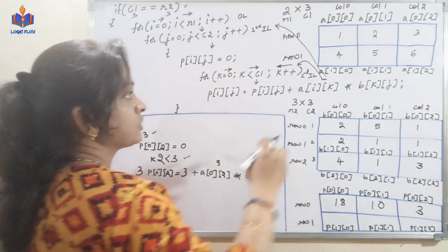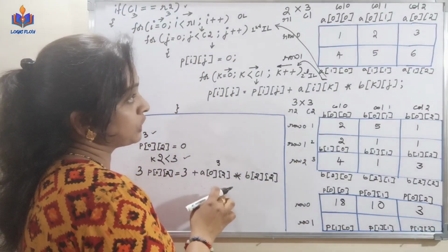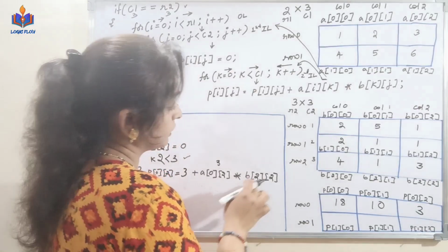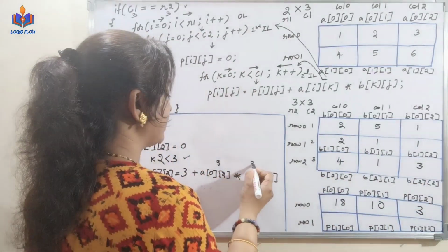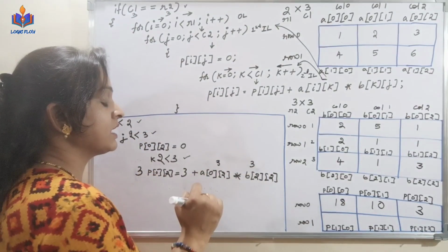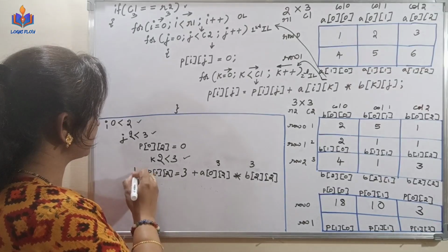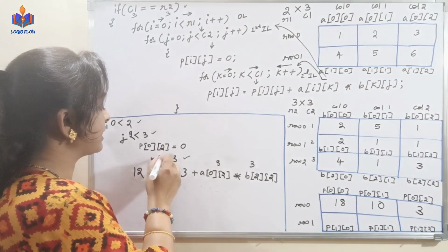So 3 into B of 2, 2, which is 3. 3 into 3 is 9. 9 plus 3 is 12. Again the inner loop progresses, it becomes 3, 3 less than 3.